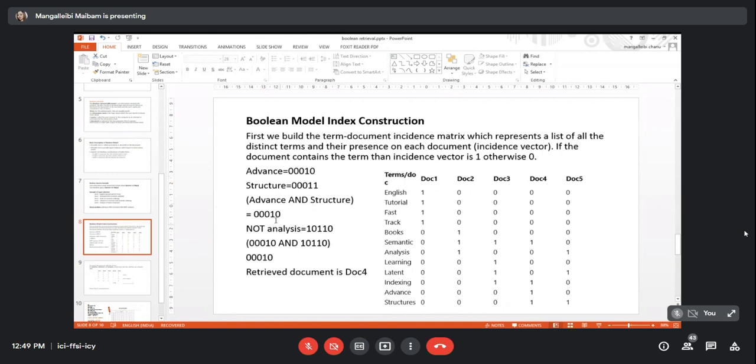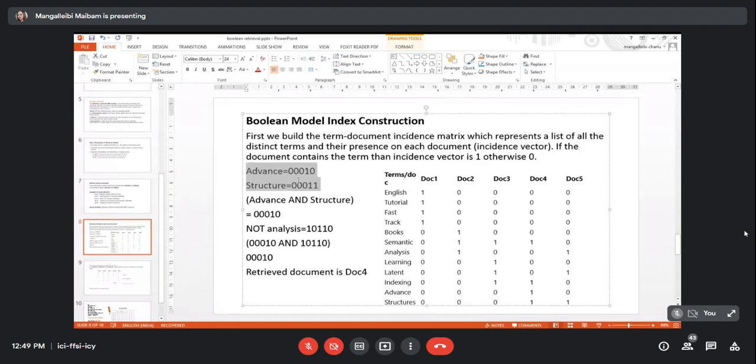So the calculation is shown here. Boolean representations we have written down. First an AND operation we have done, NOT analysis we have calculated, and the final AND operation we have done here, and we got the result. So this is the final result. The first value is for D1, D2, D3 and D4. For D4 it is 1. That means the retrieved document is D4.